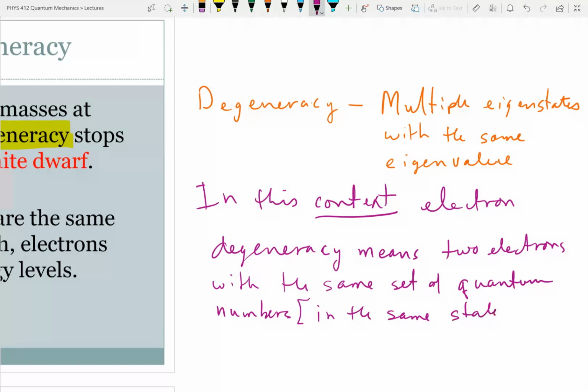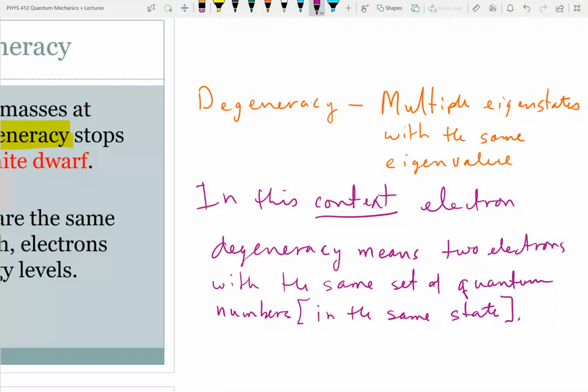So in the same state. And we learned that for fermions, das ist verboten. And so the fact that we cannot have two electrons in the same energy state means something has to happen.